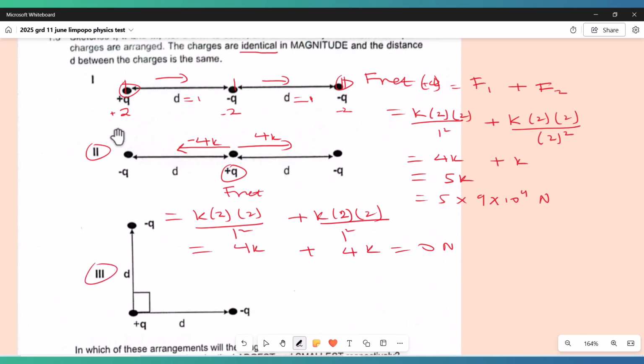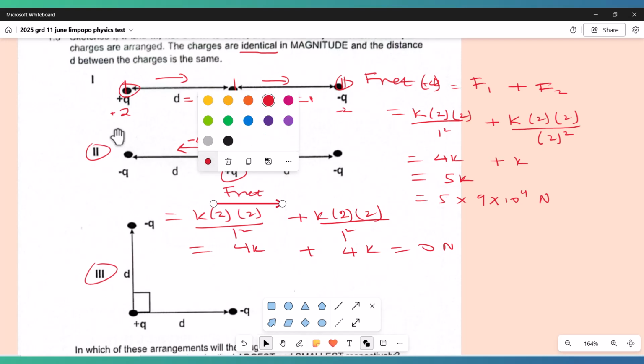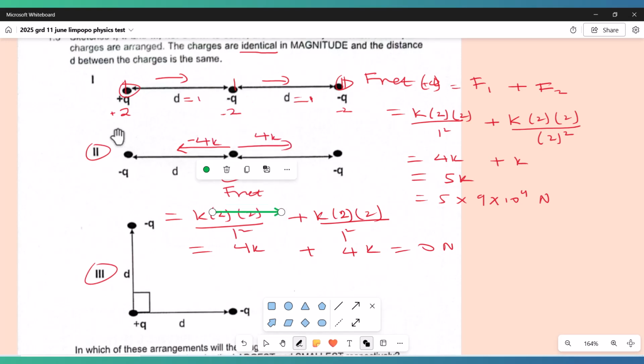Now in this particular case, we're looking for the force on the positive charge in all the diagrams. Because the positive is attracted by the negative, this is the force between the positive charge and this negative charge here, which is in green.